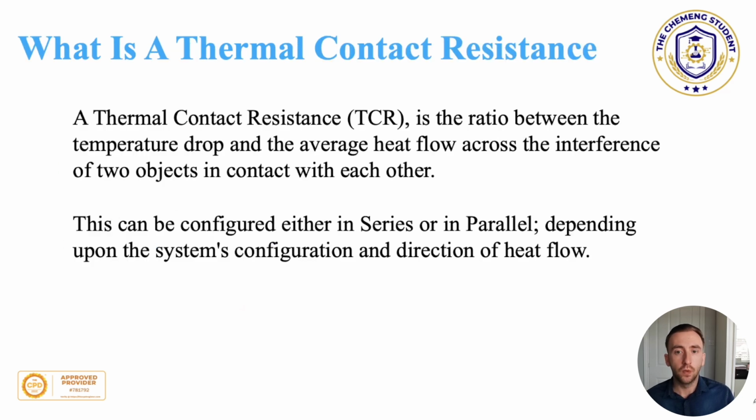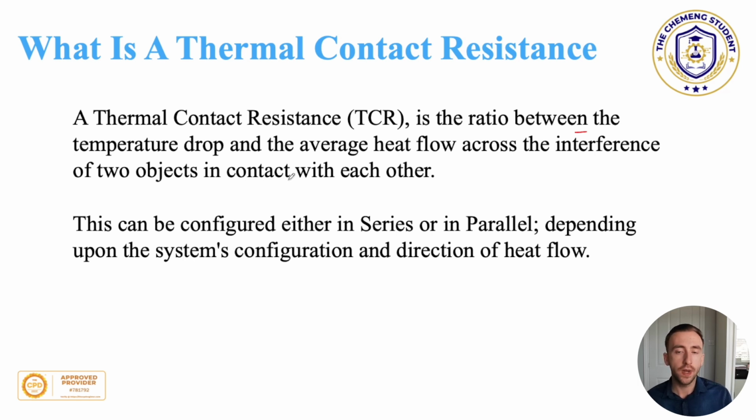So the first thing that we want to identify is what exactly is a thermal contact resistance? Well, in simple terms, it's essentially the ratio between a given temperature drop and the average heat flow across the interface with two objects in contact with each other.